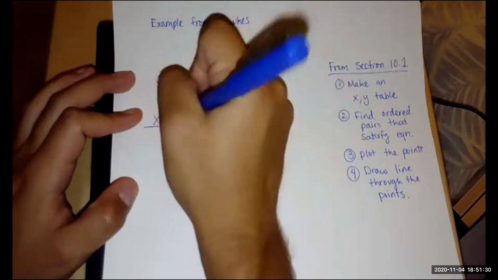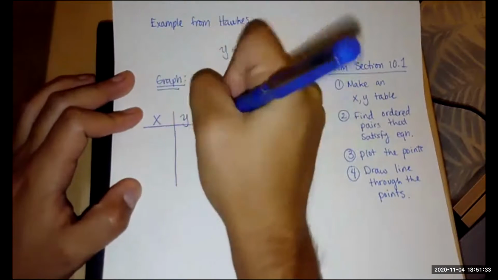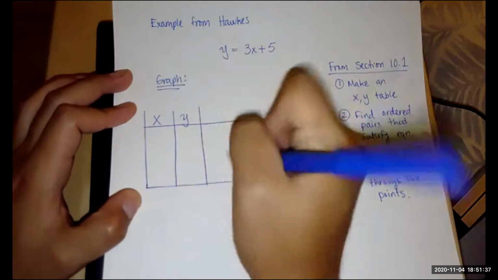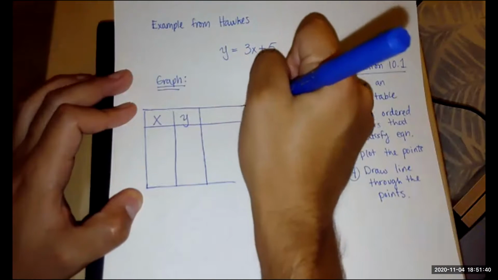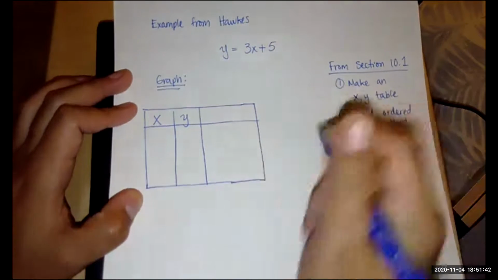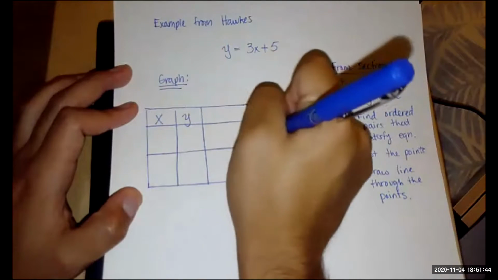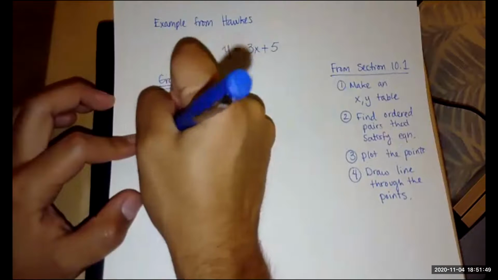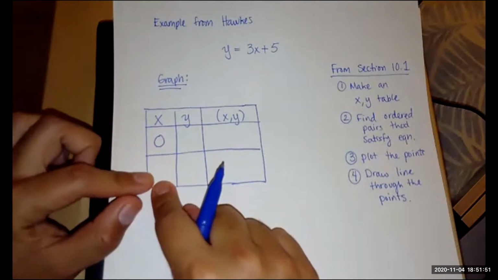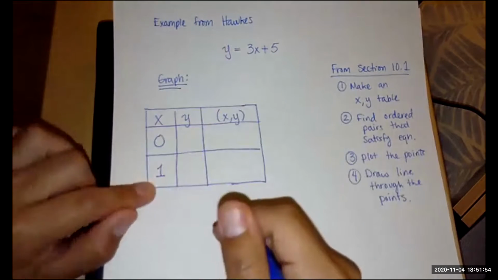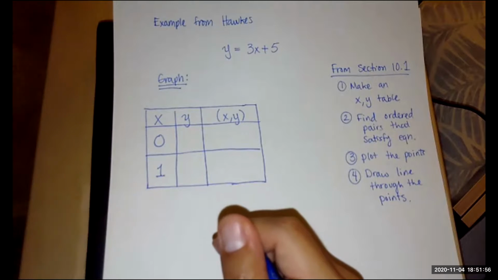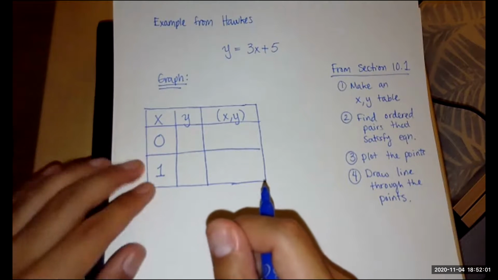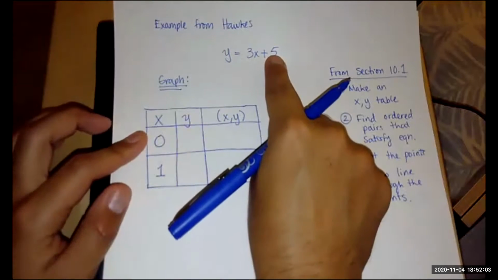I'll make my XY table. And then remember, you get to choose whatever X values you want. I said always choose something relatively easy for your X values. So I would choose 0 for the first one, and something like 1 for the second. It doesn't matter what numbers you choose, they will both work for the equation as long as you do the math correctly.